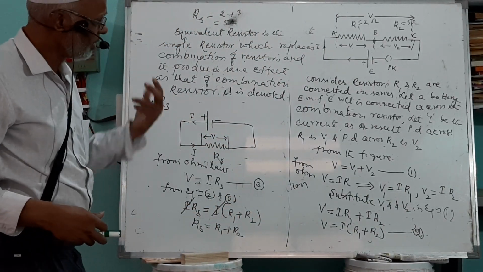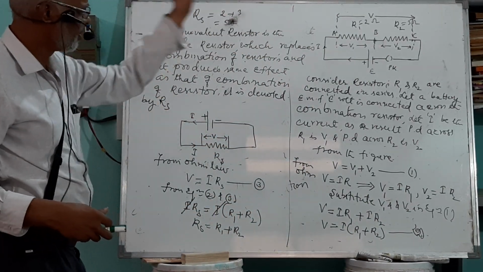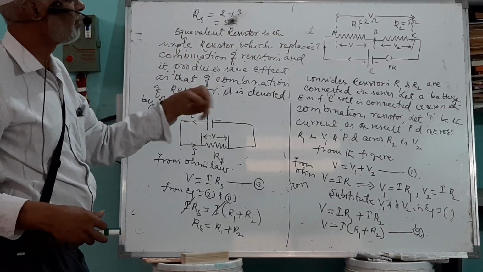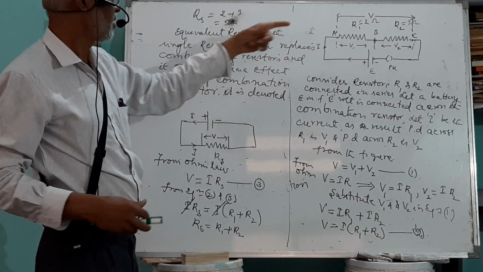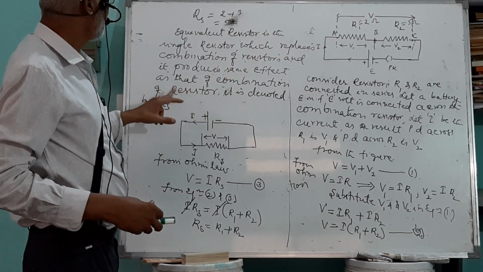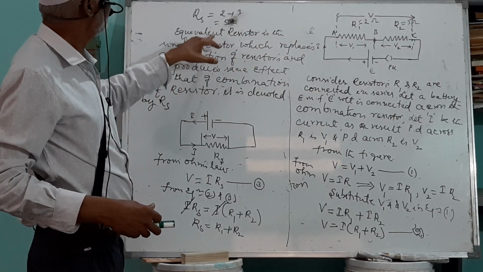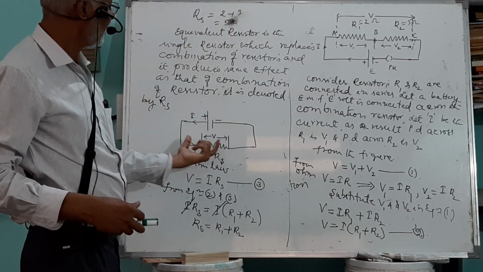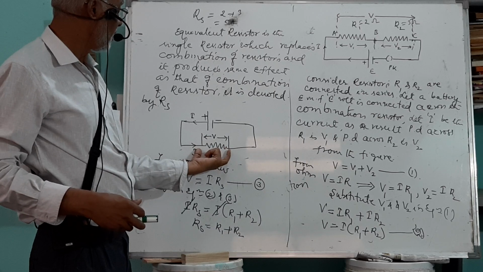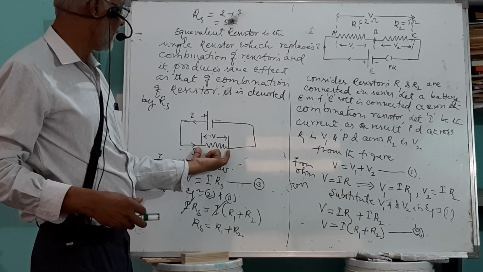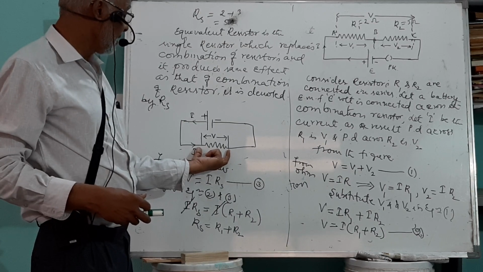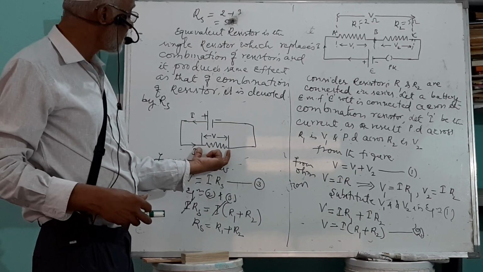Now I would like to replace the combination of resistors. In order to replace it, you connect a single resistor so that it produces the same effect as the combination of resistors. Such a resistor we call the equivalent resistor, denoted as RS. As I remove the two resistors R1 and R2 and connect RS in their place, the single resistor should produce the same effect.